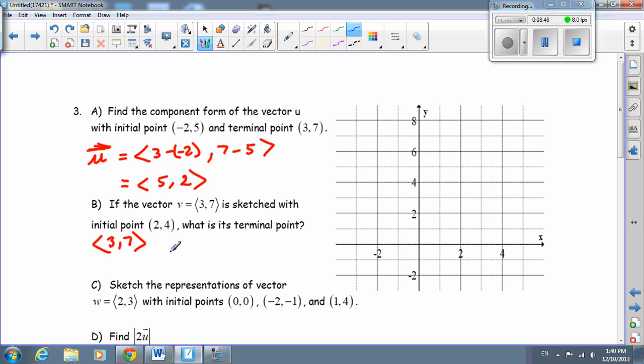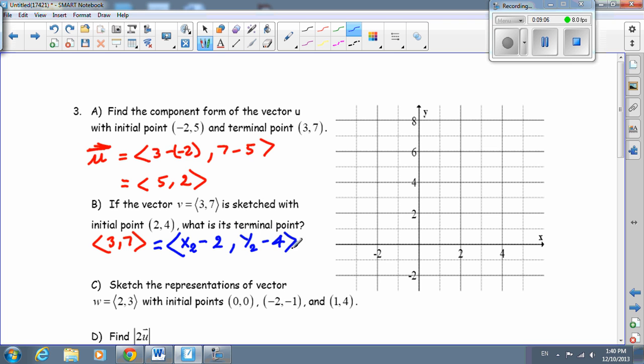And what I'm trying to know is, it started at 2, 4. So remember, it's x2 minus x1, which is where I started. And I started here at 2, 4, so minus 2. And I will also have y2 minus y1, which is 4.